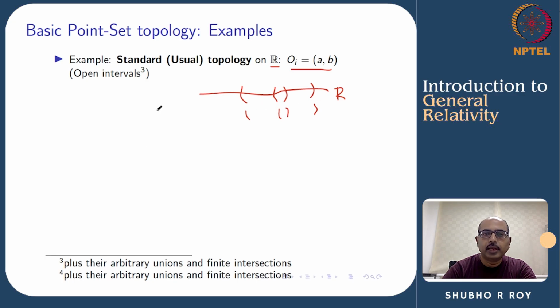So the idea is that one can give a topology on the real line, which is called the standard or usual topology, by considering open intervals to be the open sets, as well as the arbitrary unions and finite intersections of open intervals. That will give you something which is called the standard topology on the real line. This is of immense importance, so I would hope the students would remember these.